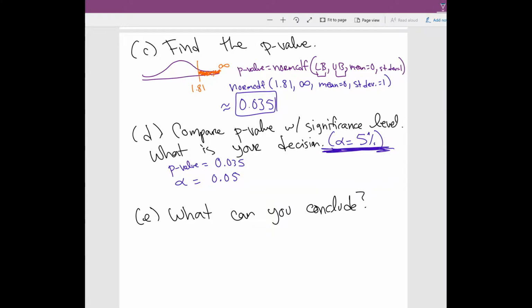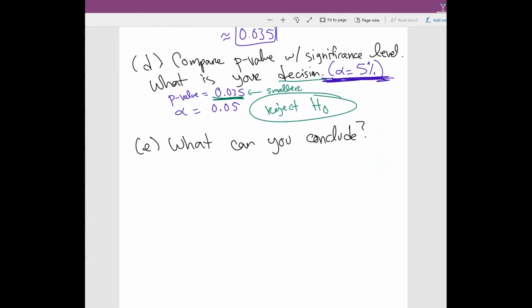You can kind of see this p-value is smaller. Because the p-value is small, what is a decision that you can make? When the p-value is small, we reject H0. So we reject H0. That's what we do. That's the decision that you're going to make, and that's all. You're comparing both of them, and then you just reject.